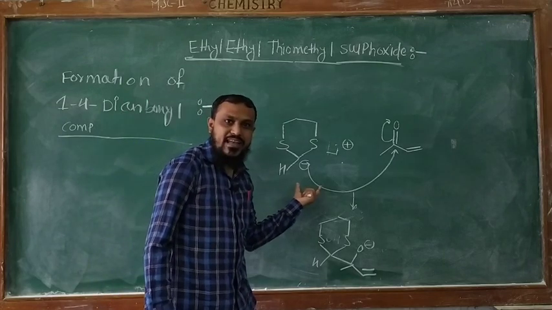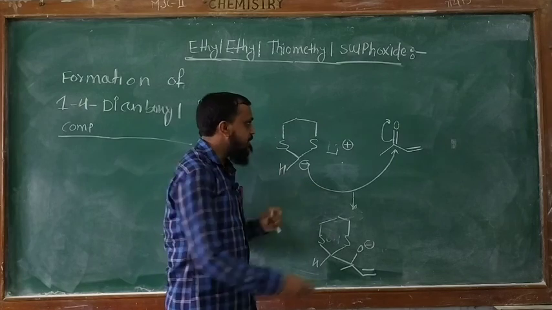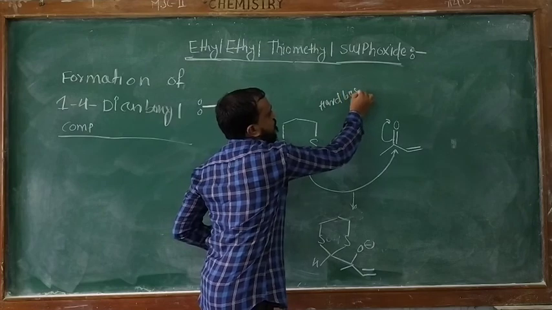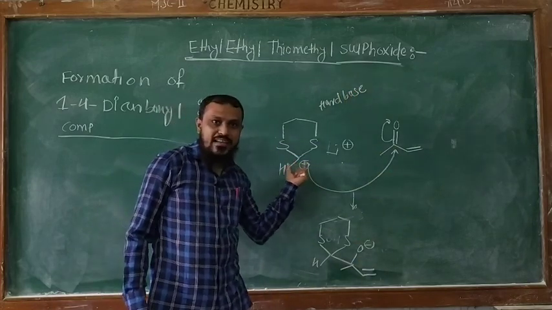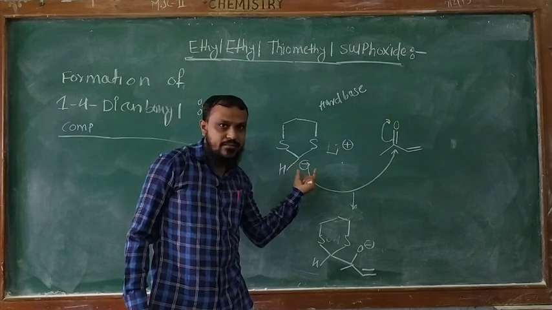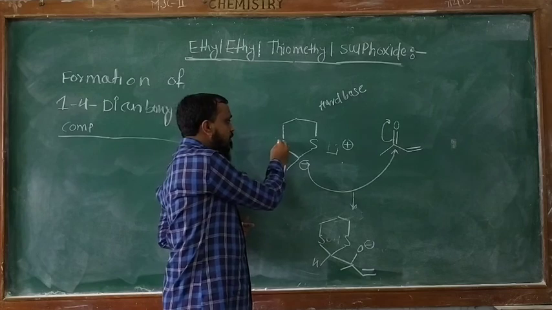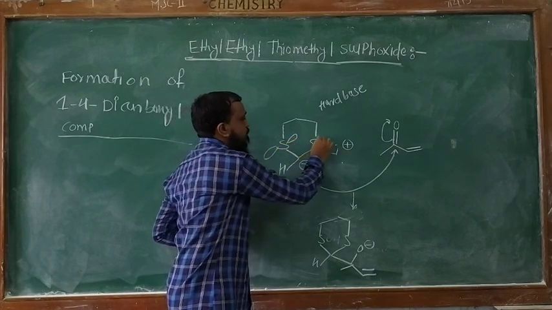Here the dithiene lithiated salt acts as a hard base, due to the presence of the highly electronegative sulfur atom, the electronic cloud present on the vacant d orbital of the sulfur atom.